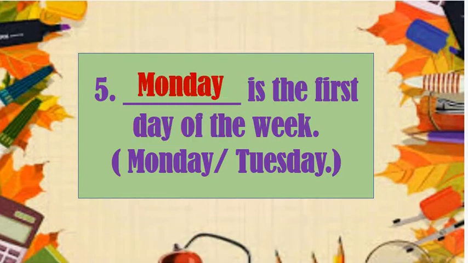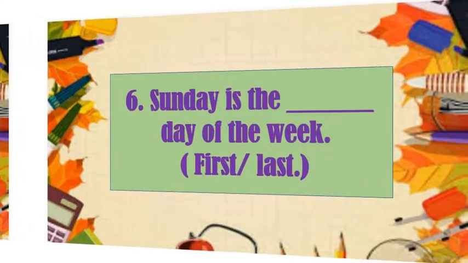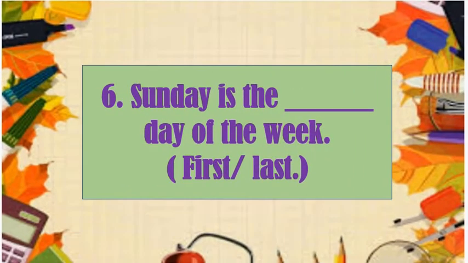Answer is Monday. Monday is the first day of the week. Sunday is the dash day of the week, first or last. Answer is last. Sunday is the last day of the week.